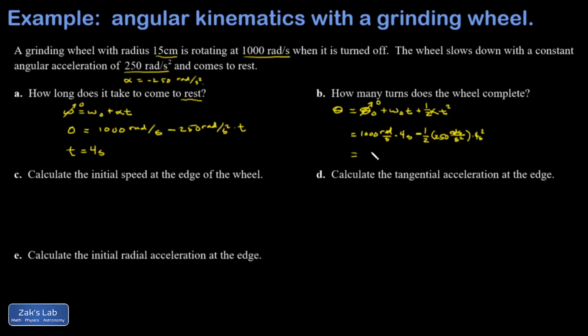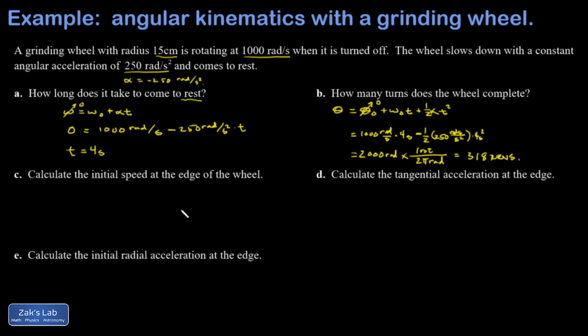And when I crunch the numbers here, I get 2,000 radians. But I still have to do a unit conversion. So I'm going to go from radians to rotations. I have one rotation for every 2 pi radians. And when I complete that conversion, I get 318 turns.